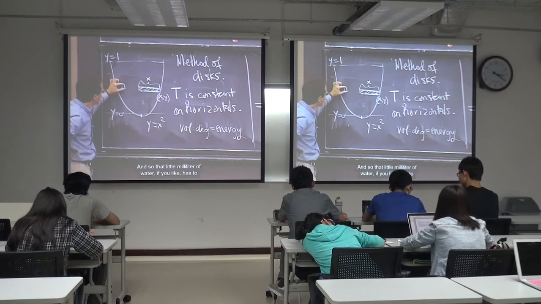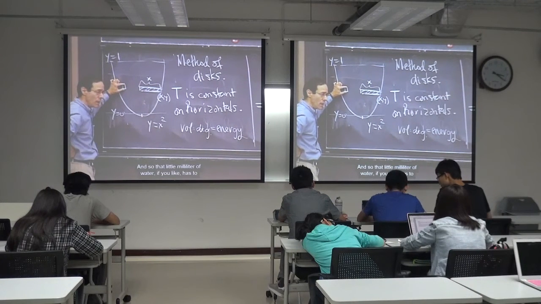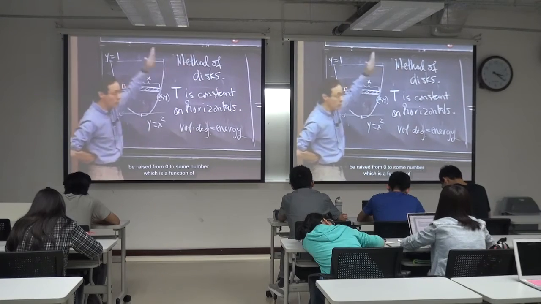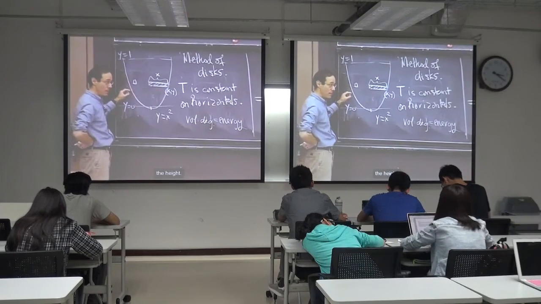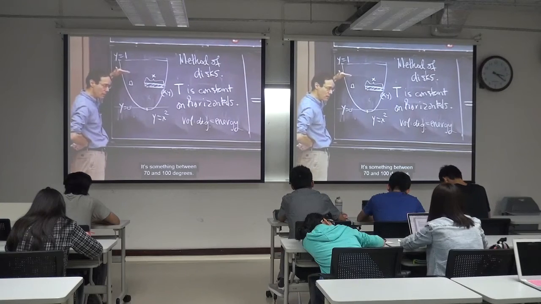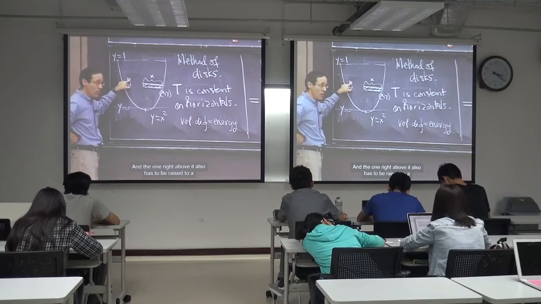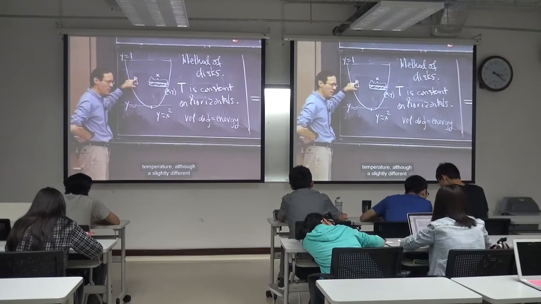That little milliliter of water has to be raised from 0 to some number which is a function of the height, something between 70 and 100 degrees. And the one right above it also has to be raised to a slightly different temperature.